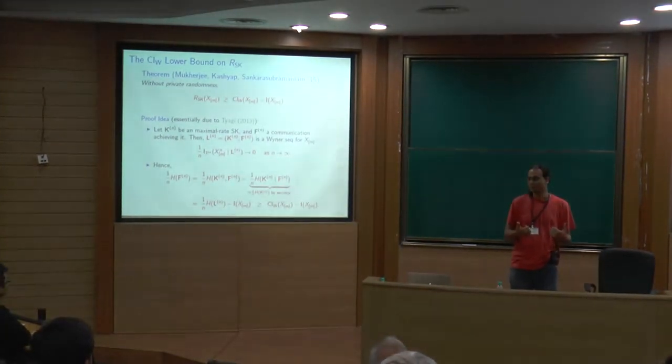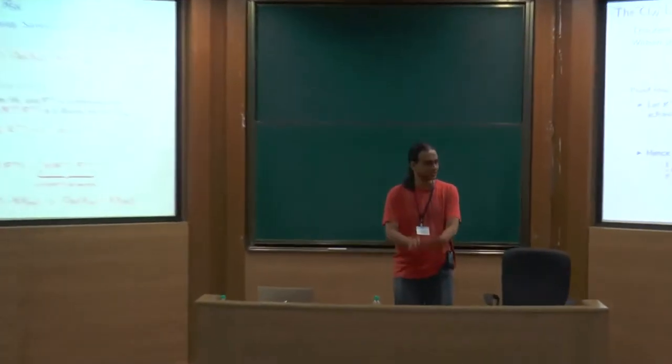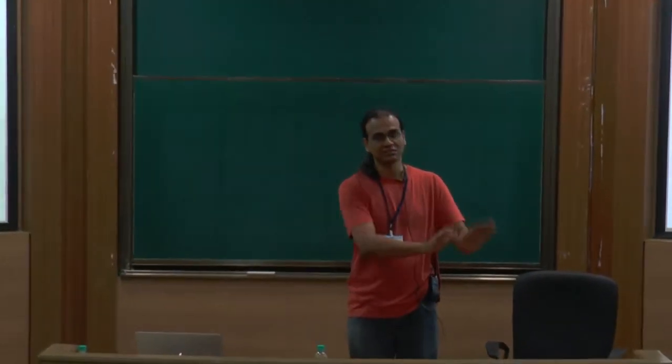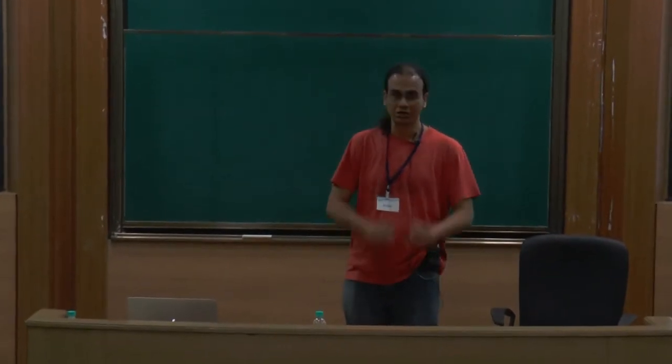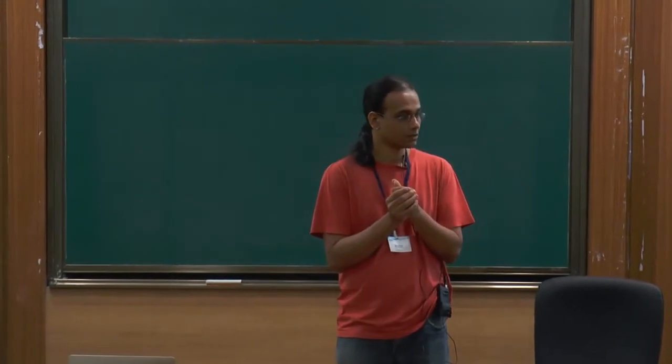So you cannot have a maximal rate secret key if, upon conditioning on the key you've already achieved and the communication you have used, there is still some common randomness left in the system that you can exploit to generate a key. That is roughly the idea.